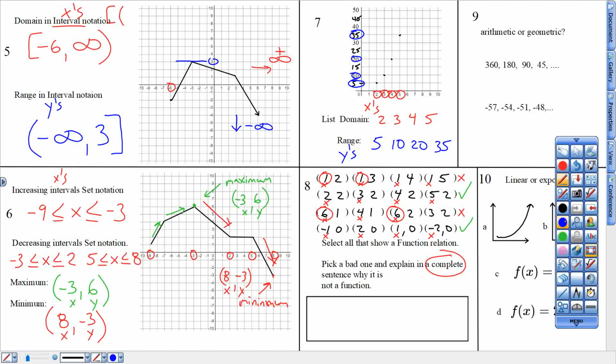I could say, the third one is bad because, and then give me the 2 coordinates because of 6, 1 and 6, 2. Maybe you tell me something like that. Tell me that you know it's because of those 2 coordinates is bad. The same x number spit out 2 different y numbers.